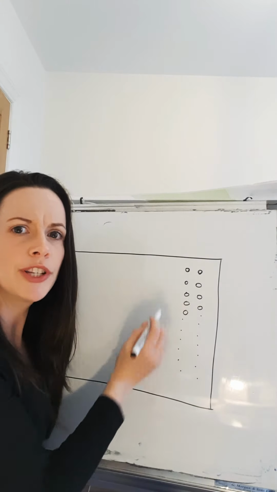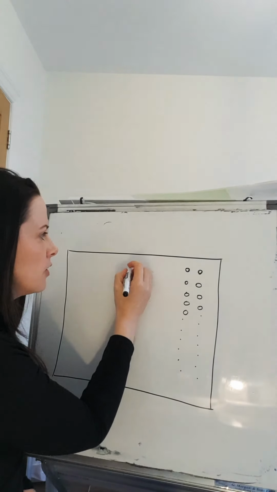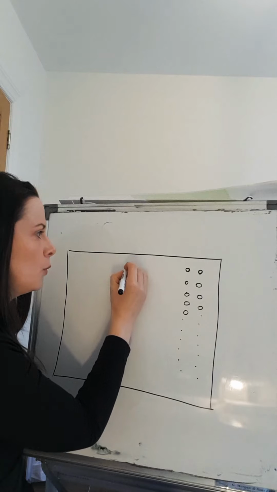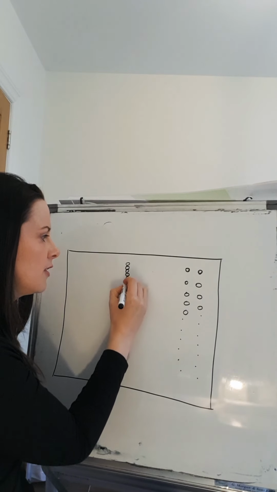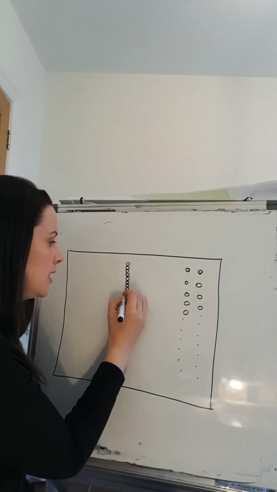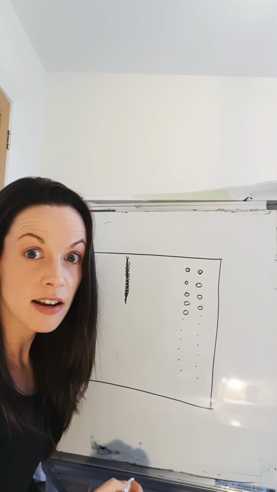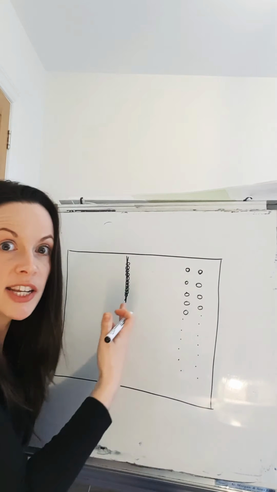And then it's really easy, like we were doing, to count in tens, 10, 20. So they decided to put those together, 1, 2, 3, 4, 5, 6, 7, 8, 9, 10, and made a stick of 10, or however they put them together in tens.